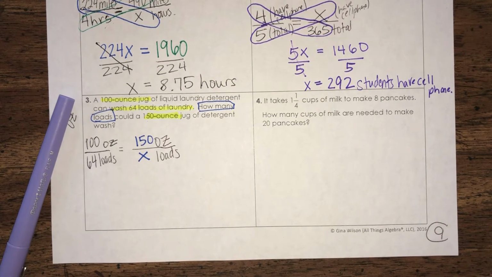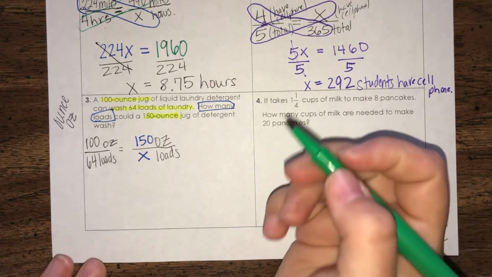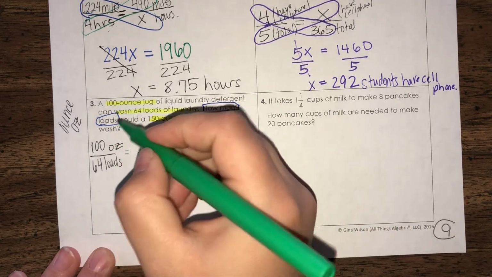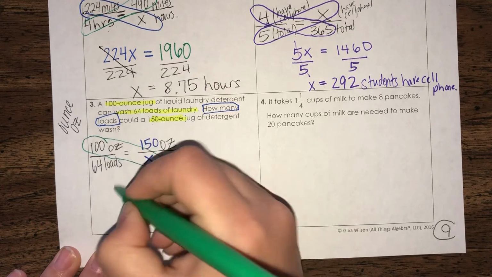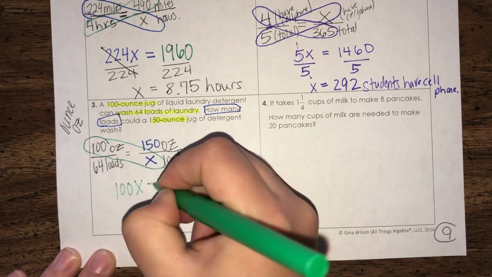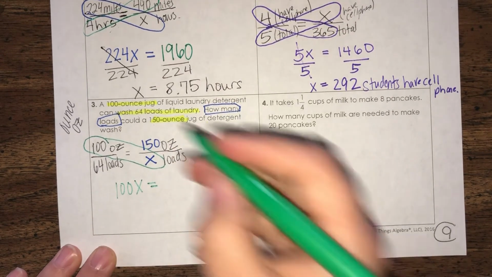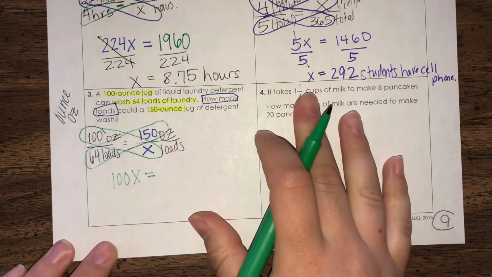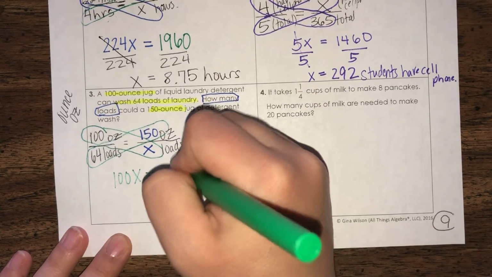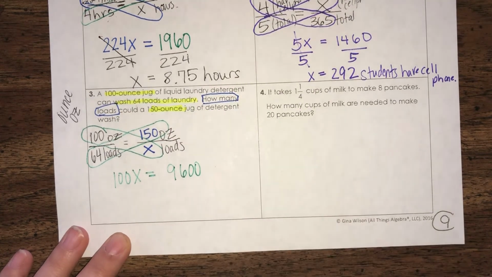Go ahead and solve that. Let me know what you get. If you solved it correctly, you should have done 100 times X. That's 100X. And then you would have done 64 times 150. That would have been 9,600.